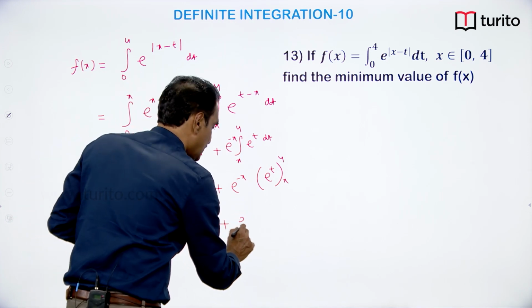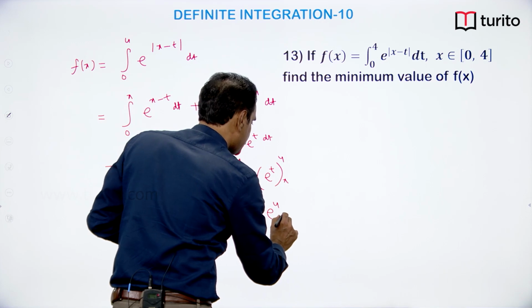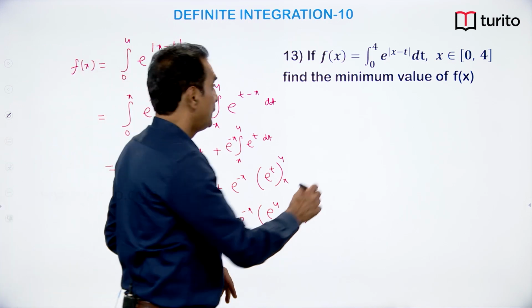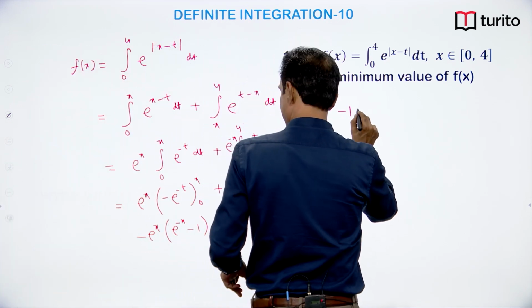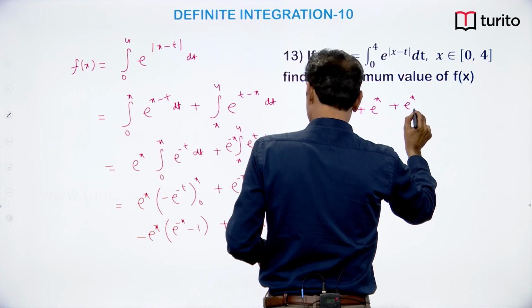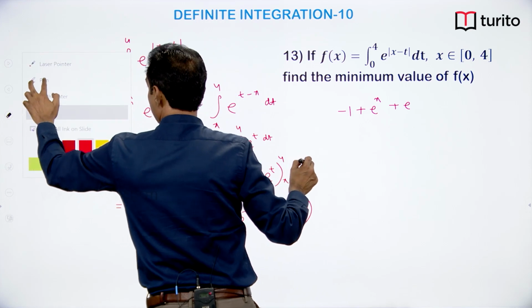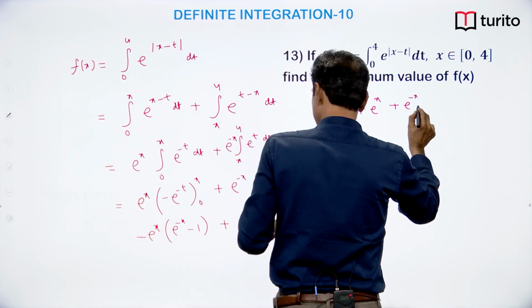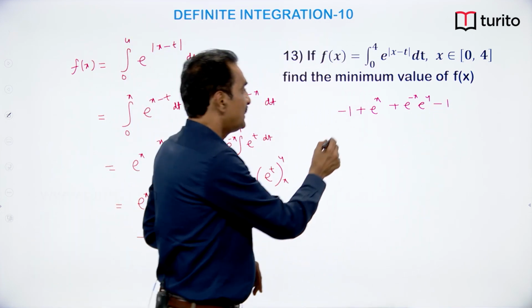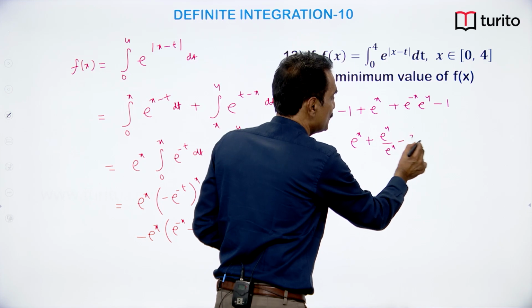Second, e power minus x into e power 4 minus e power x. Okay. Now you will get e power x plus e power 4 by e power x minus 2.